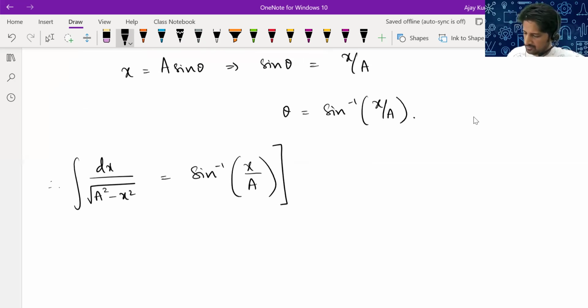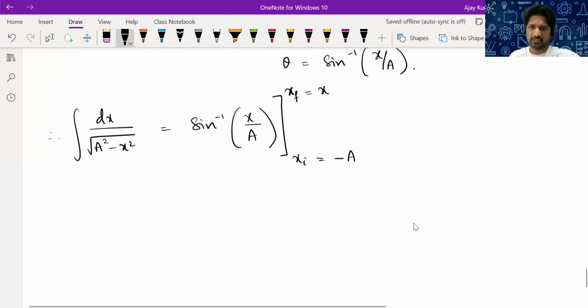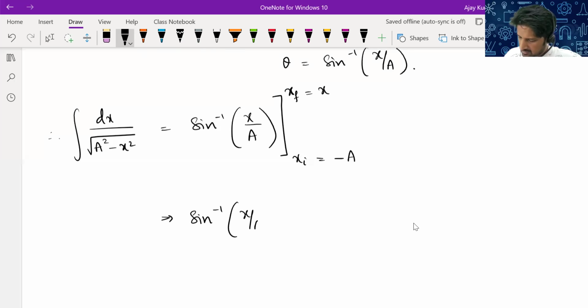Now we'll substitute limits. X initial, which is minus a, to x final, which is some random x. Let's keep the equation in terms of x itself because we are trying to derive a relation between x and t, the position time equation. Now substitute the upper limit: sine inverse of x by a, minus, substitute the lower limit now, sine inverse of minus a divided by a.